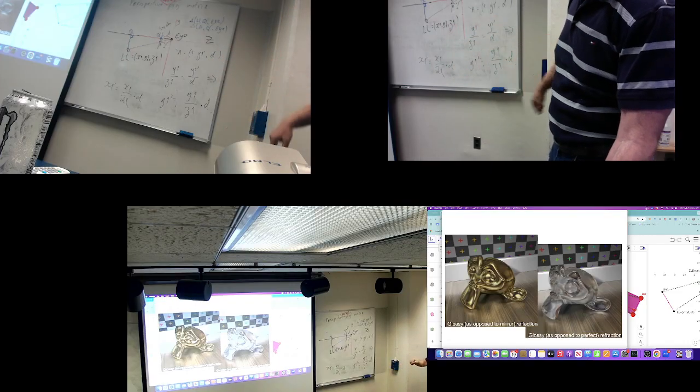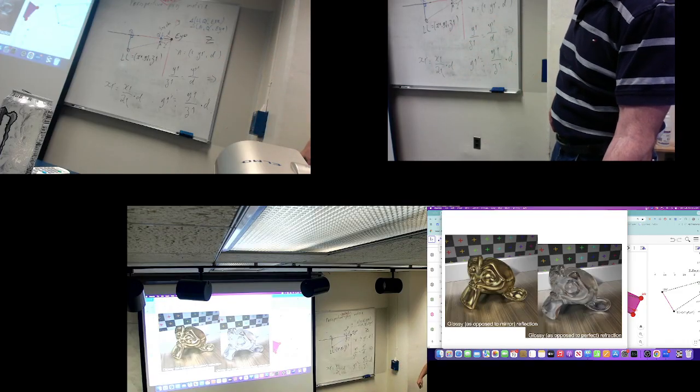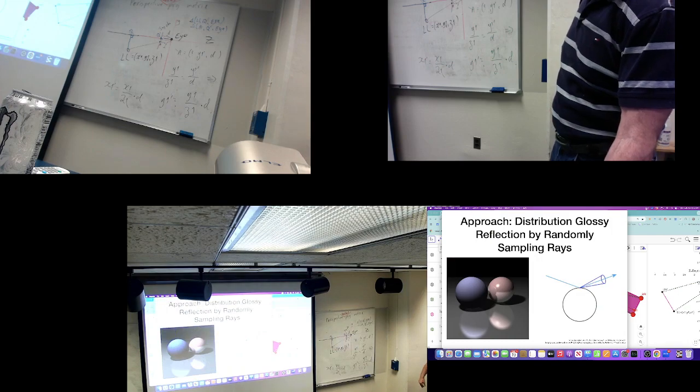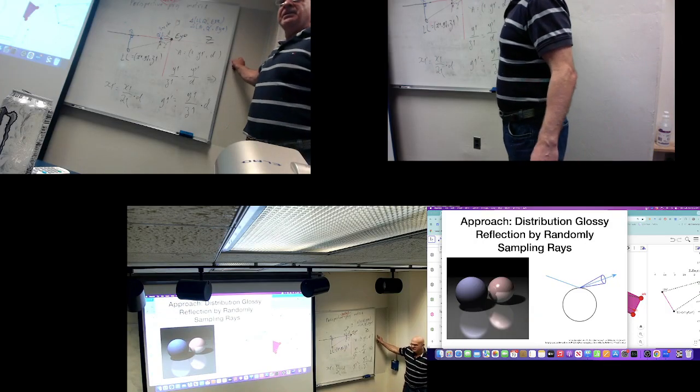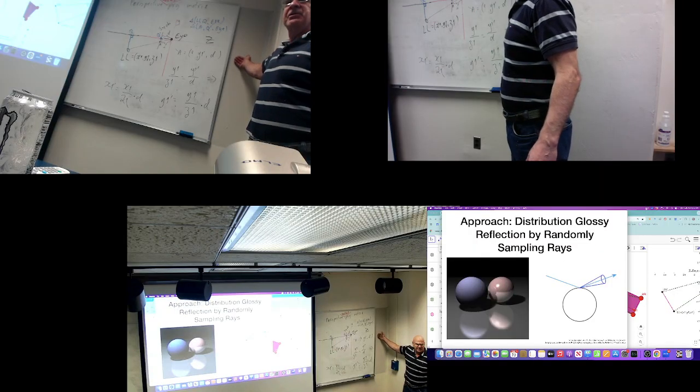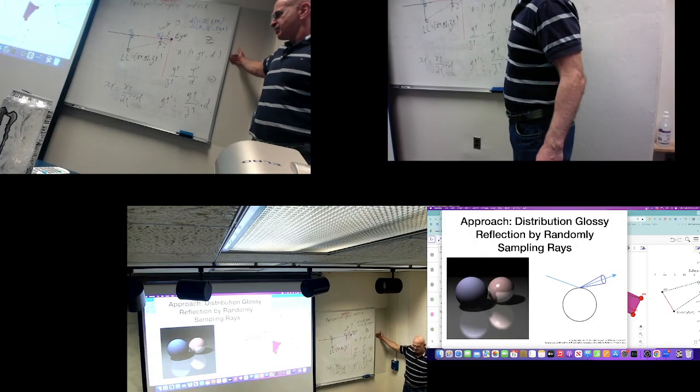You'll see more of this discussion of shooting rays in distributed directions. So distributed glossy reflection by random sampling. If I want to ask whether this point is illuminated because of reflection from other sources of light.